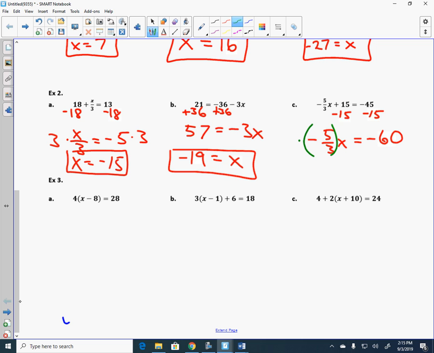So I'm going to multiply by negative 3/5. To get rid of a fraction, multiply by the reciprocal. If it was negative, you still multiply by a negative, because a negative times a negative is a positive. Negative 60 times negative 3 is 180. Divided by 5 is 36.